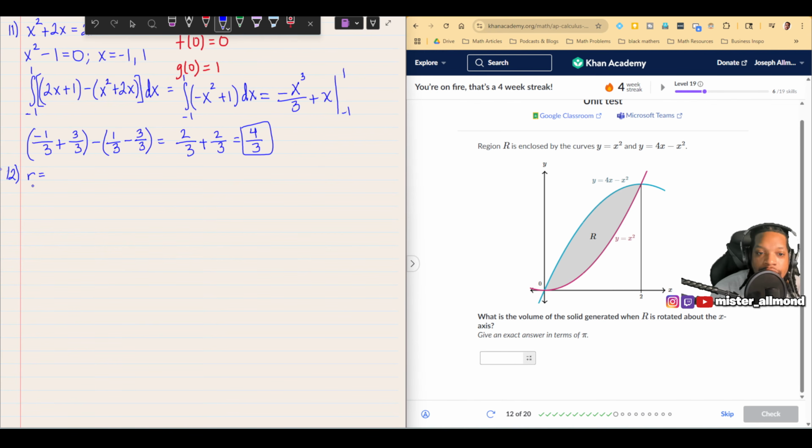To get the bigger volume, it's going to be pi times that outer radius squared. Pi r squared. And we're just adding up a whole bunch of those. And then from that, I'm going to subtract also the integral from 0 to 2. But I'm going to subtract the inner volume. And I'm going to use my bigger radius. And I messed up. I just realized I messed up. Let me scoot this over real quick. I used my smaller radius first when I should have used my big radius.